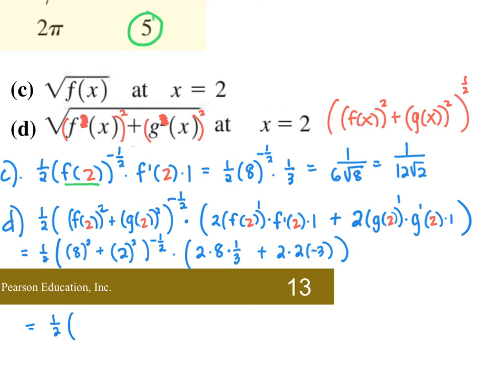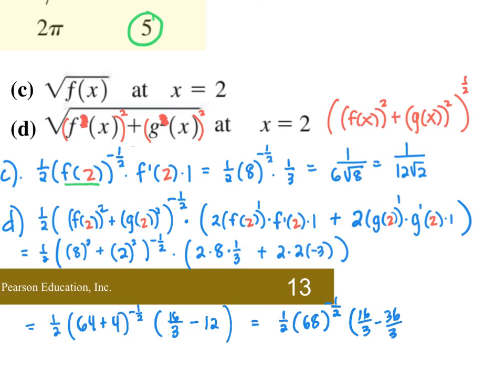So 1/2 times 64 plus 4 to the negative 1/2 times 16/3 minus 12. So we're looking at 1/2 times 68 to the negative 1/2, and then 16/3 minus 12 is 16/3 minus 36/3, so that ends up to be negative 20/3.